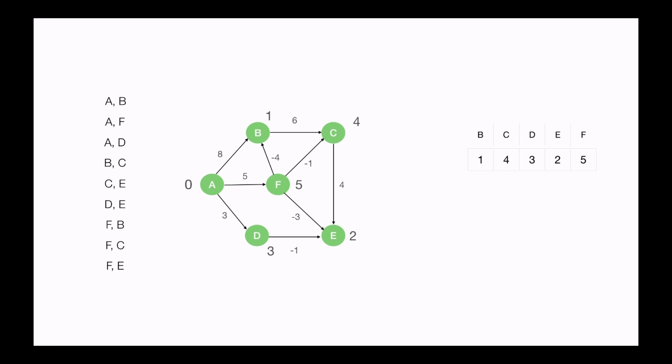We have to do n minus 1, that is 6 minus 1, which is 5 iterations. So again we do the same with this sequence of pairs. We start from the first pair AB and go till FE. This will be the second iteration, and then the third, fourth, and the last iteration, the fifth one.